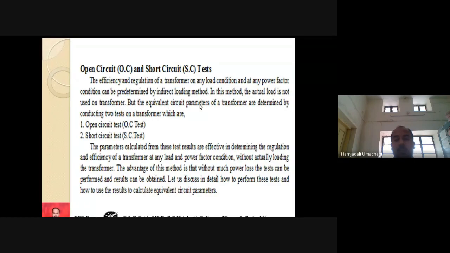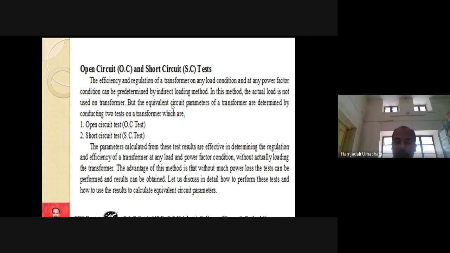But the equivalent circuit parameters of a transformer are determined by conducting two tests on a transformer. So whatever concept we have discussed for equivalent circuit parameters, we are going to determine the values of the equivalent circuit parameters. Using those equivalent circuit parameters, we are going to estimate efficiency and regulation at the end.